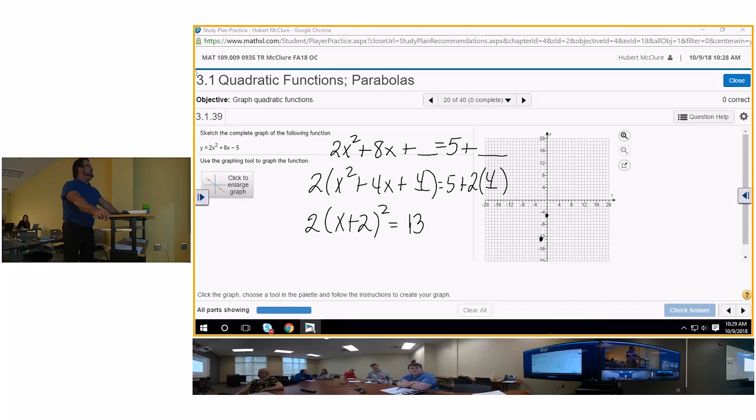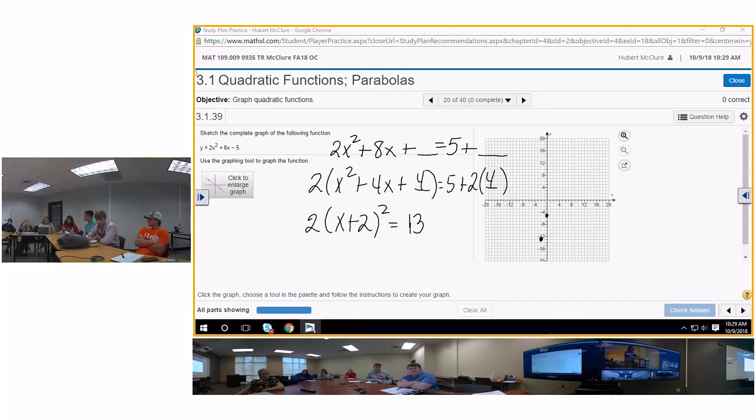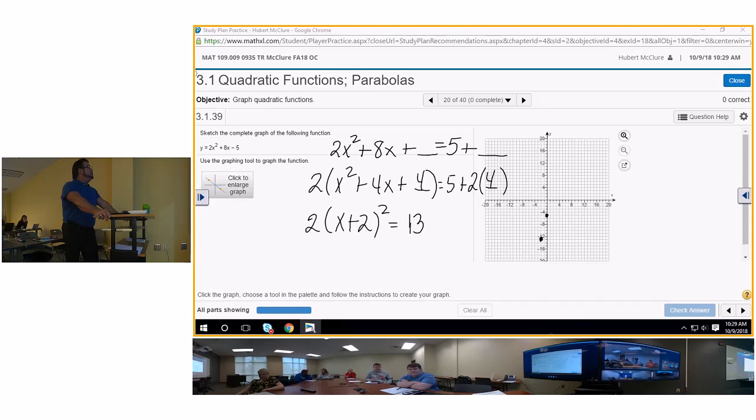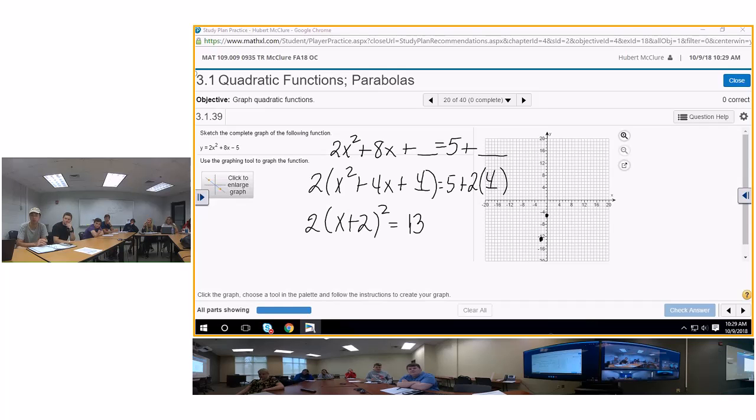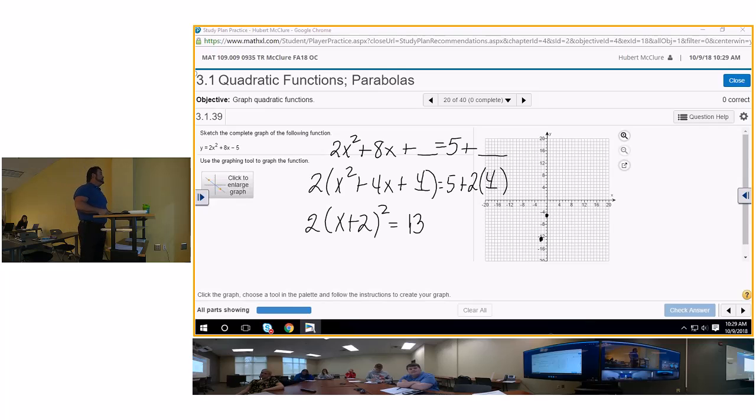Starting from the left side of the room. 5. 4. 5. Keep going. 5. 5. 6. 6. 4. 6. 5. 4. 5. Anybody below a 5 is going to fail the test.